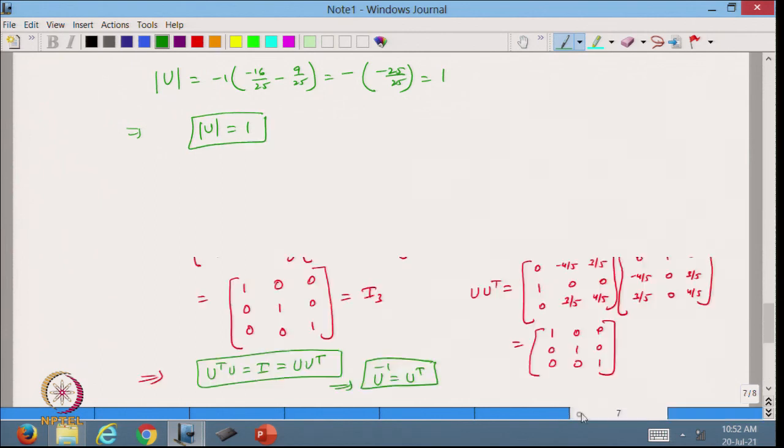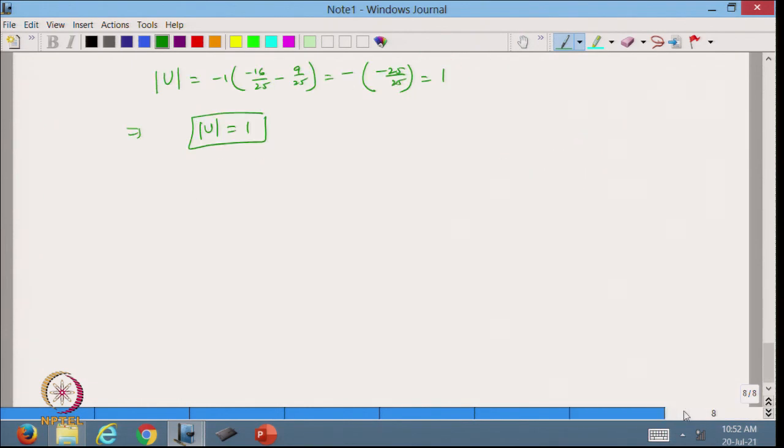We can check this from here also, since U transpose U is equal to I, and we know that the determinant of the transpose of a matrix is the same as the determinant of the matrix. If I take the determinant of I, it is 1 always.